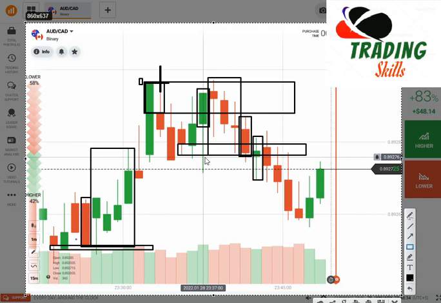So now you can see here in this zone, you can see here this was a level here. Okay, so after this closing price, you can see here there is a very big gap up opening.